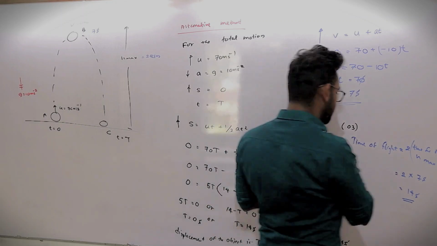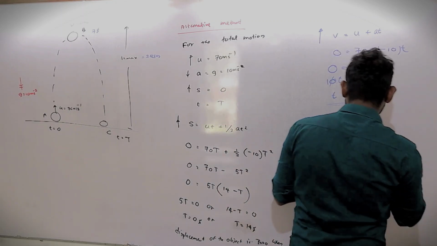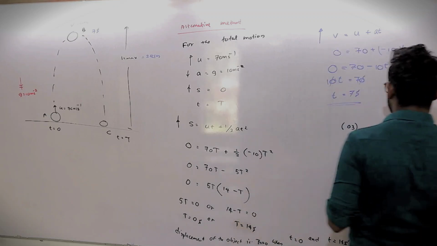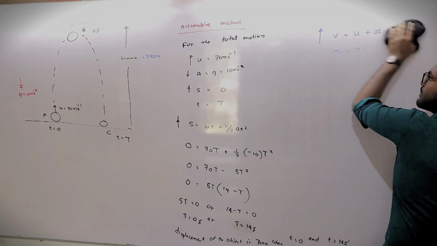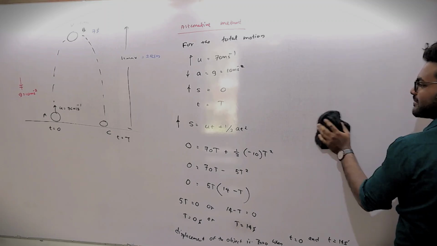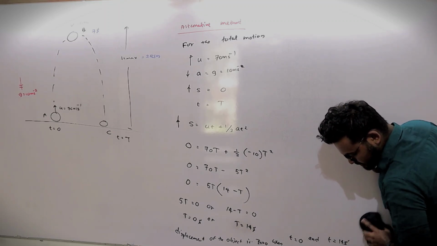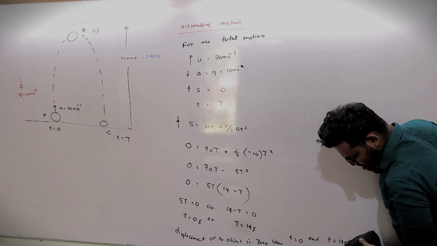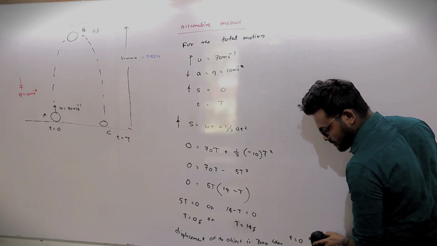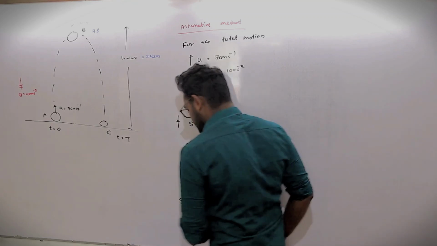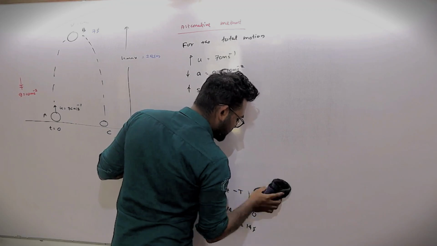So you can write maybe distance equals 245 plus 245, that's 490. Okay, final part.